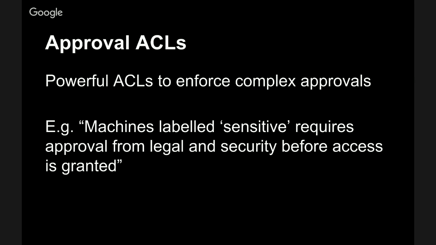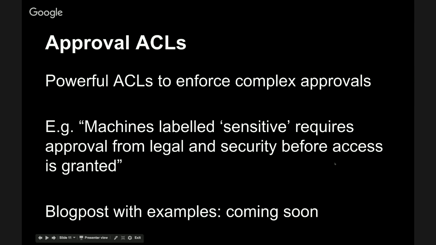So there's a lot of flexibility there about how exactly you build those, and I know this was an important feature that a couple of companies were very interested in. It was one of the blockers they had for deploying GRR. So I think it's a fairly important capability. And I'm going to write a blog post very soon with some examples about how you would build some ACLs.